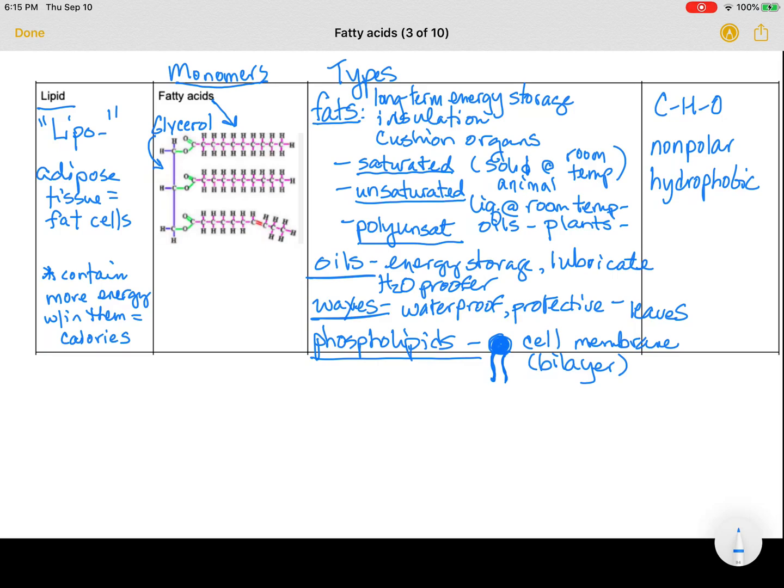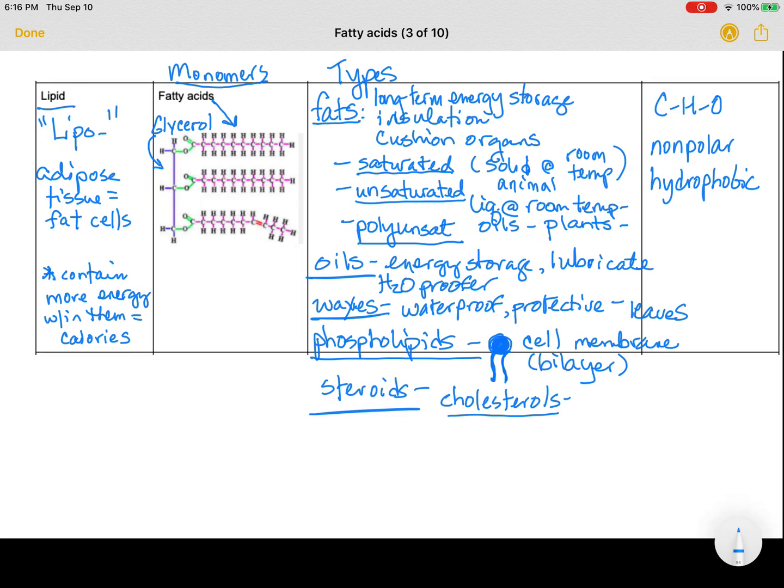Okay, and then our last one are steroids. Steroids, we think of anabolic steroids. And so steroids actually come in different forms. They are cholesterols.